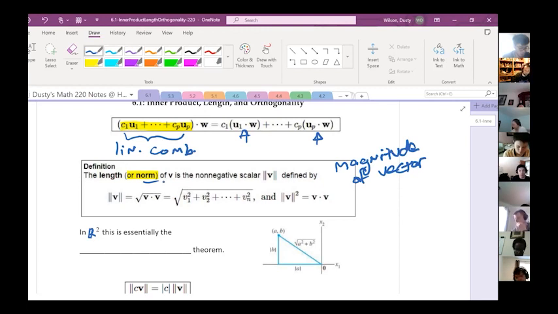And you'll notice that the magnitude squared is just v dot v. In R2, this is essentially which theorem? I think somebody already mentioned it, maybe Abed. This is the Pythagorean theorem.